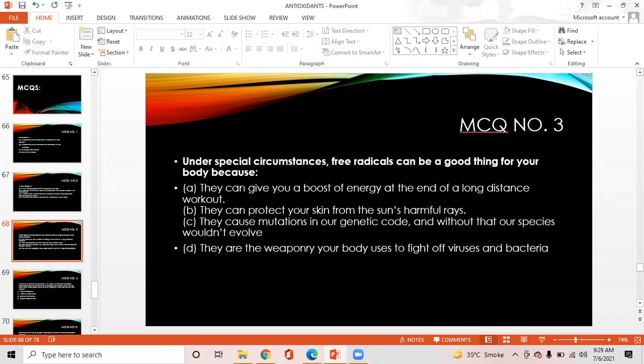They are the weaponry that your body uses to fight off viruses and bacteria. D is the right answer. They are the weaponry because sometimes oxidative stress is generated to fight off viruses and bacteria.